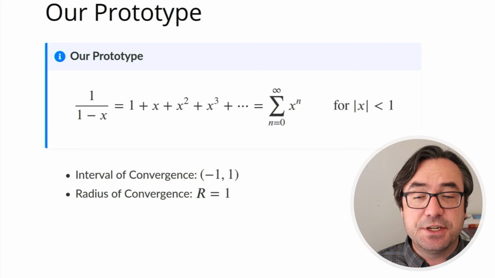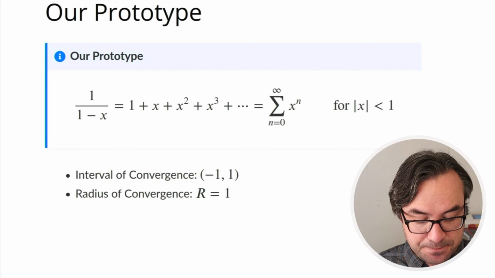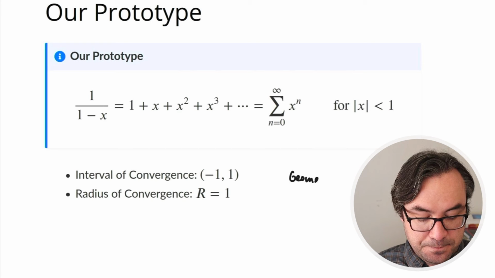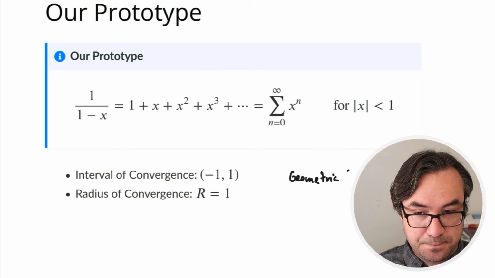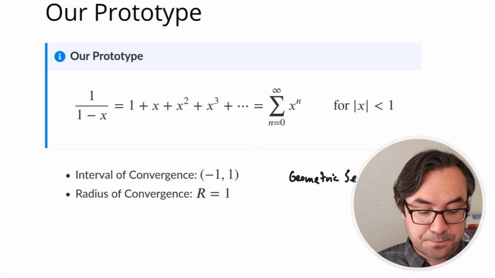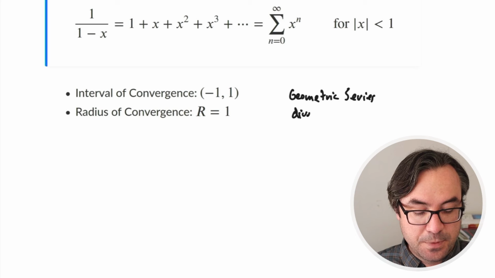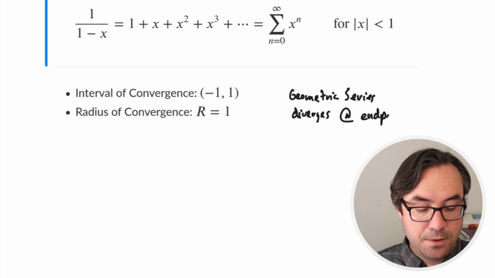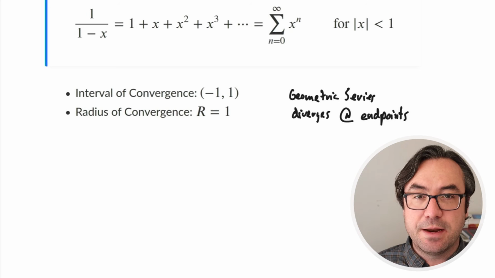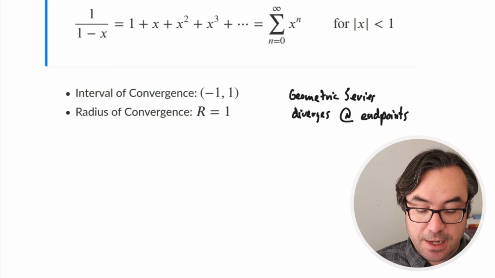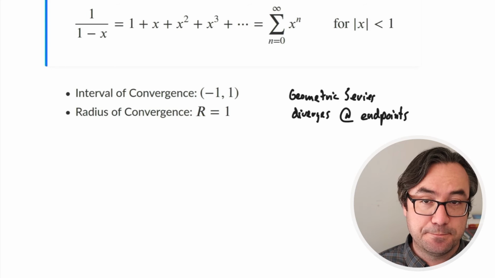And a geometric series diverges at the endpoints. We could check the endpoints and see that they're divergent. And the radius of convergence here is 1.